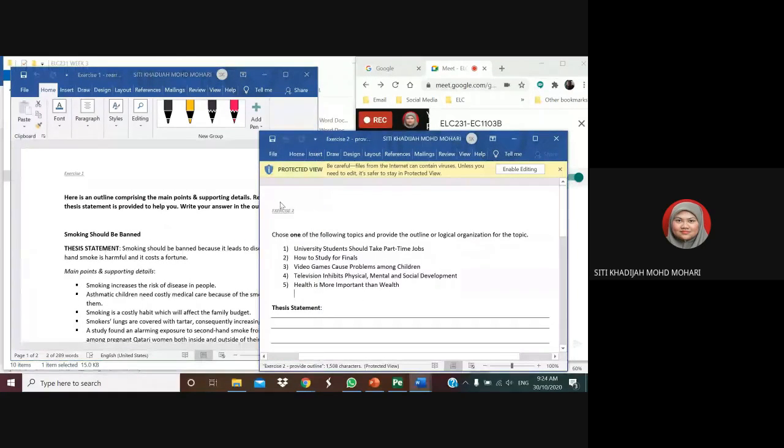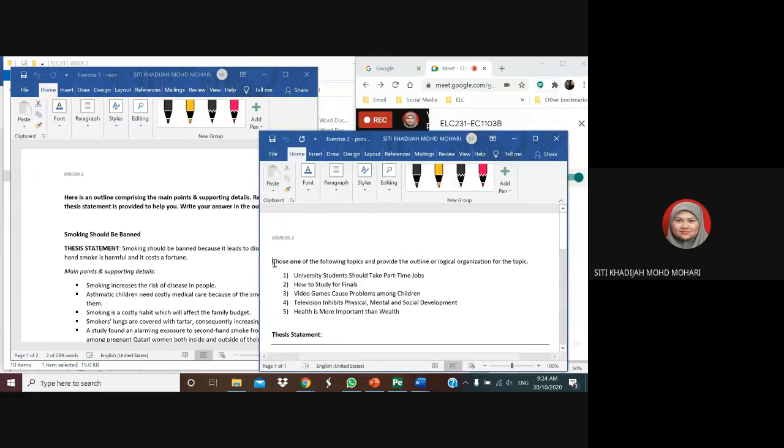For this one, exercise 2, let me put it in a group. For this one, you have to do it in a group of 2.